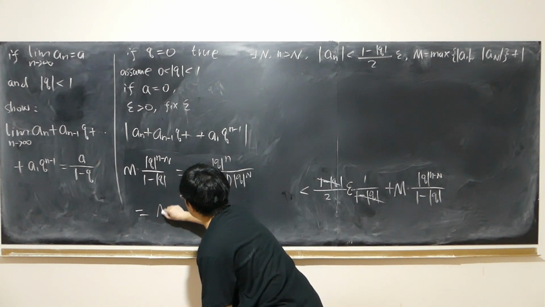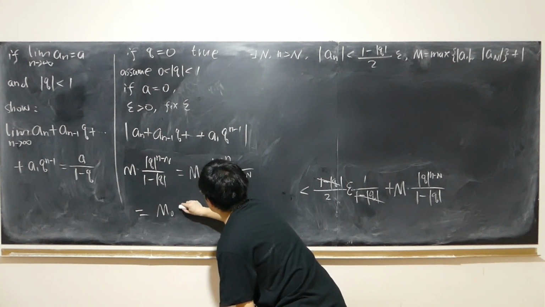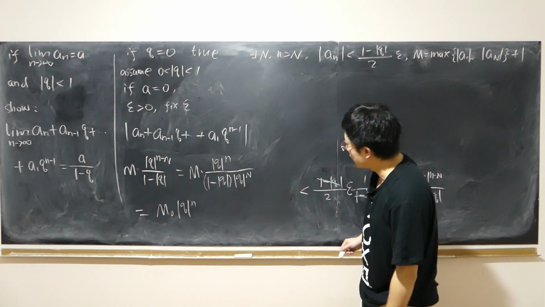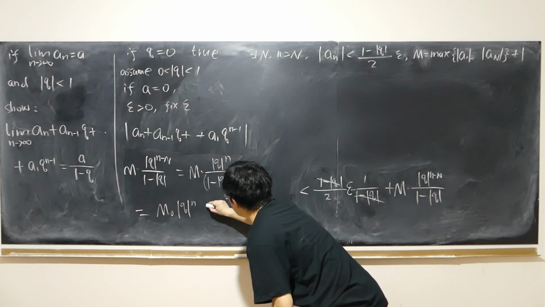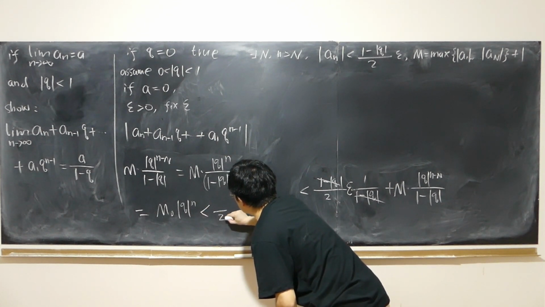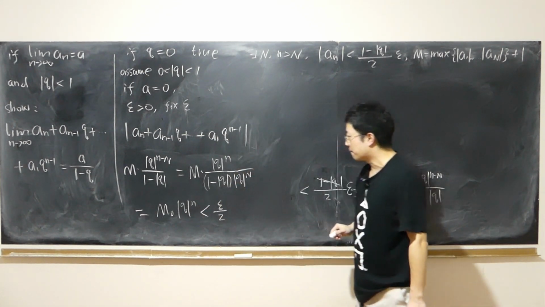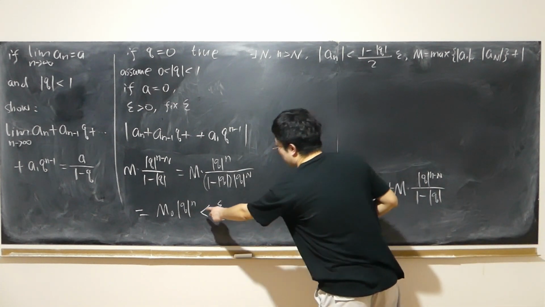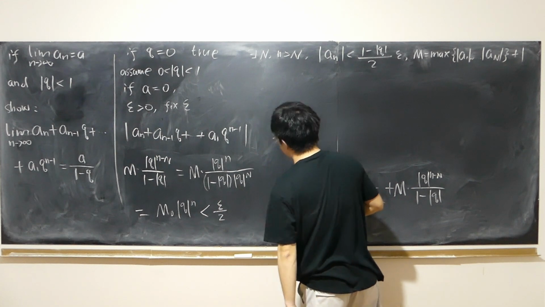M naught times |q| to the power of n, right? So if I let this be smaller than half of epsilon, can I show that as long as n is big enough, this is true?